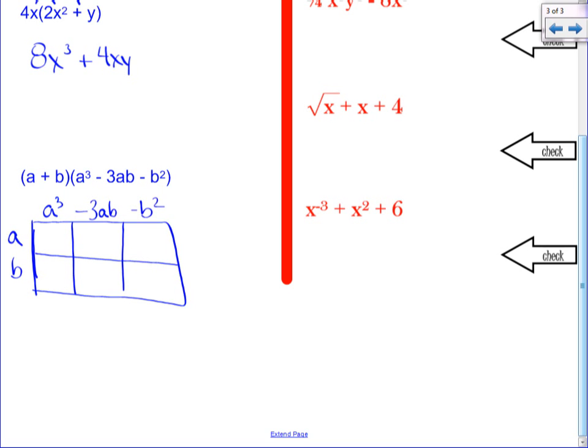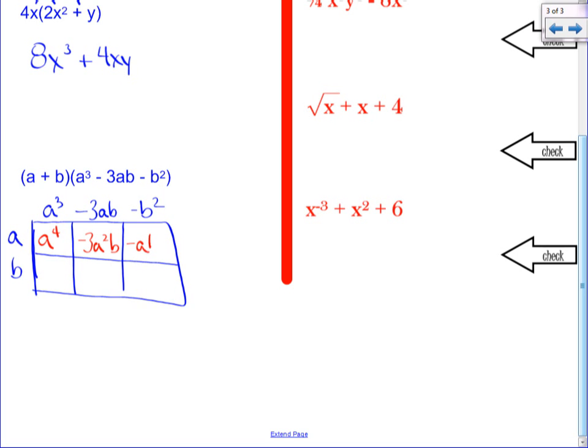And we're just going to multiply for each square on the inside, and there will probably be some like terms we can put together. So what's going to be in the first one? A to the 4th. And let's go across the top. This will be what? Three a squared b. Okay. This one?